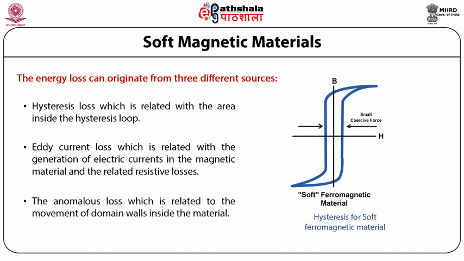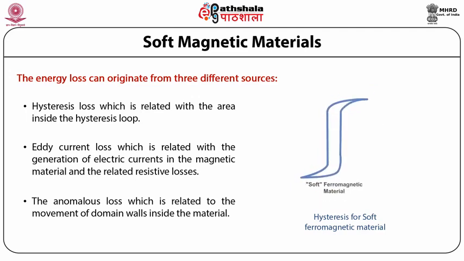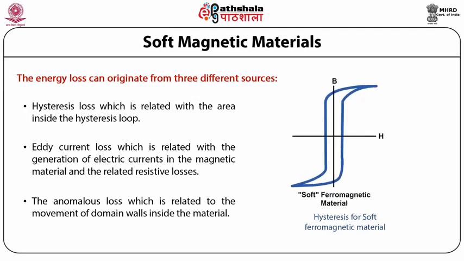Third is the anomalous loss, which is related to the movement of domain walls inside the material. The anomalous losses can be reduced by having a completely homogeneous material within which there will be no hindrance to the motion of domain walls.